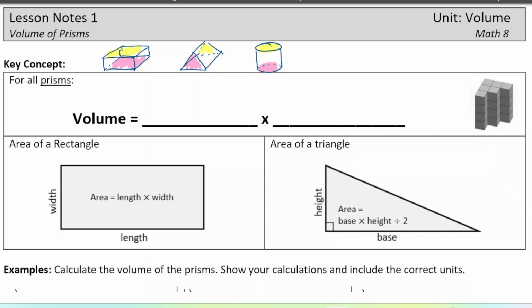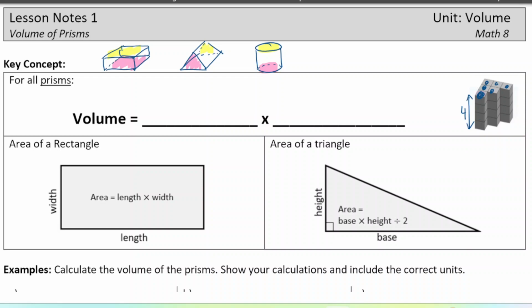Okay, so there's a simple formula, and I'm going to use this picture here to show you what I mean. This is a prism here because it does have the same shape on the top and the bottom. And I can see that on the top layer I'm going to use blue, 1, 2, 3, 4, 5, 6 squares or cubes, and there are 1, 2, 3, 4 layers here.